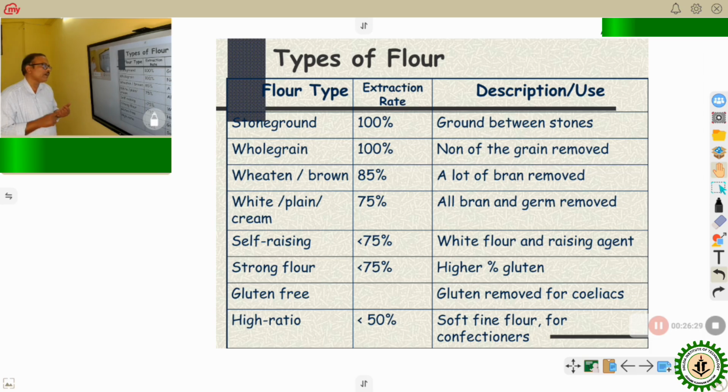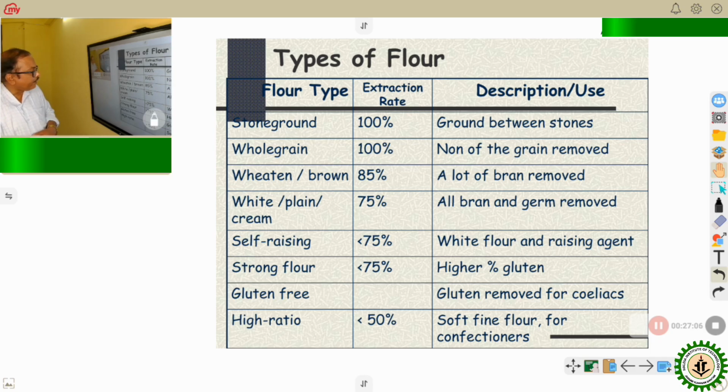The rate of extraction is not related to time like any other velocity parameters, but rate of extraction means how much quantity of total wheat grain is taken as flour by milling and how much quantity is separated. If I say 100% is the extraction rate, that means suppose from 1 ton of wheat grain, I am taking 1 ton of material. I am not rejecting anything. For example, whole wheat atta is 100% extraction.